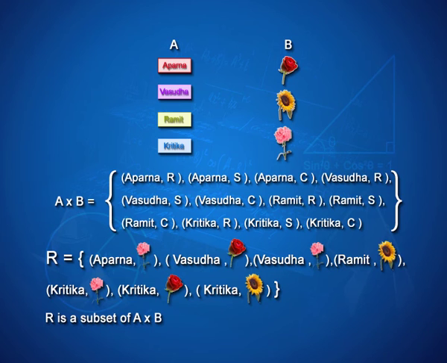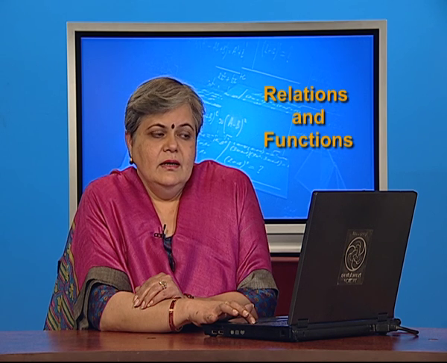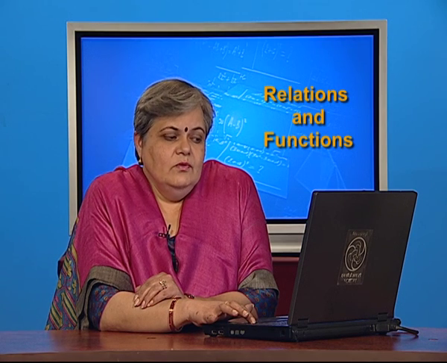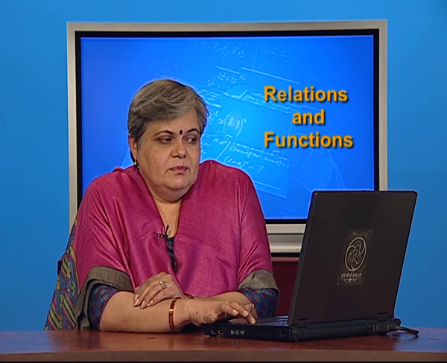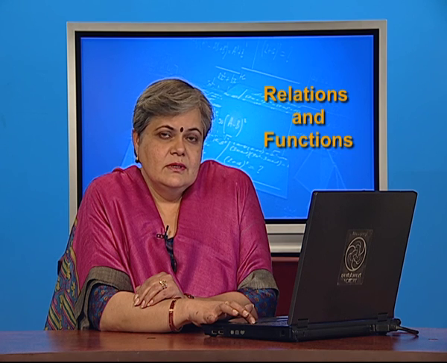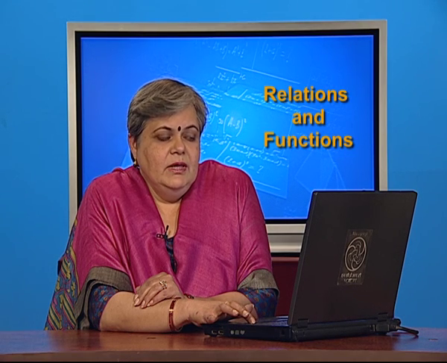Now, if R is a subset of A cross B, then it is also interesting to note that A cross B had 12 elements and R is one of such subsets. There is always a possibility that all these 4 people, that is Aparna, Vasudha, Ramit and Kritika, may like all these 3 flowers, and therefore, I will have 12 elements in the set R. That means, the relation can be A cross B itself also.